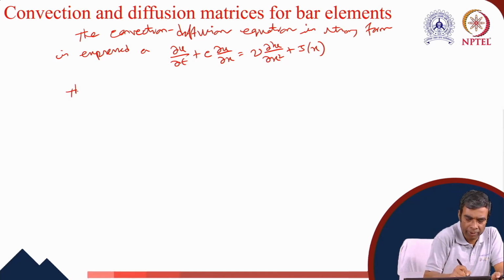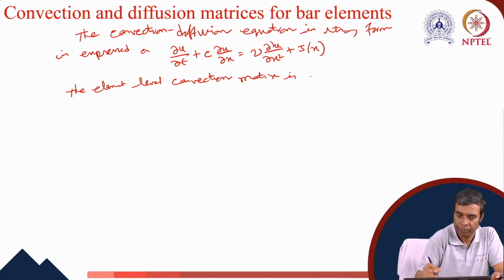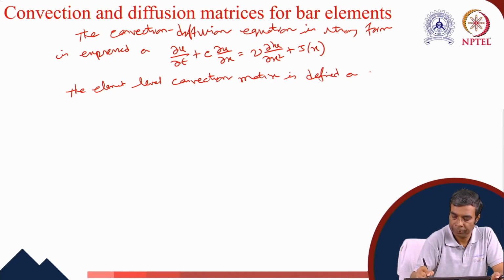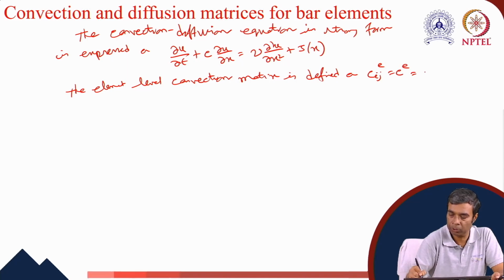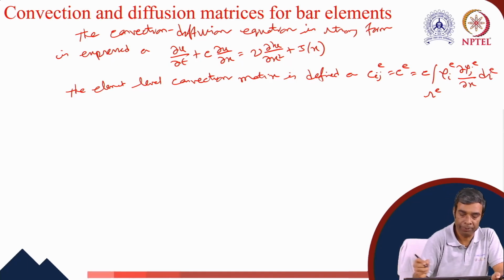So the element level convection matrix is defined as Cij equals Ce equals C into integration over omega e psi ie del psi je del x d omega e.